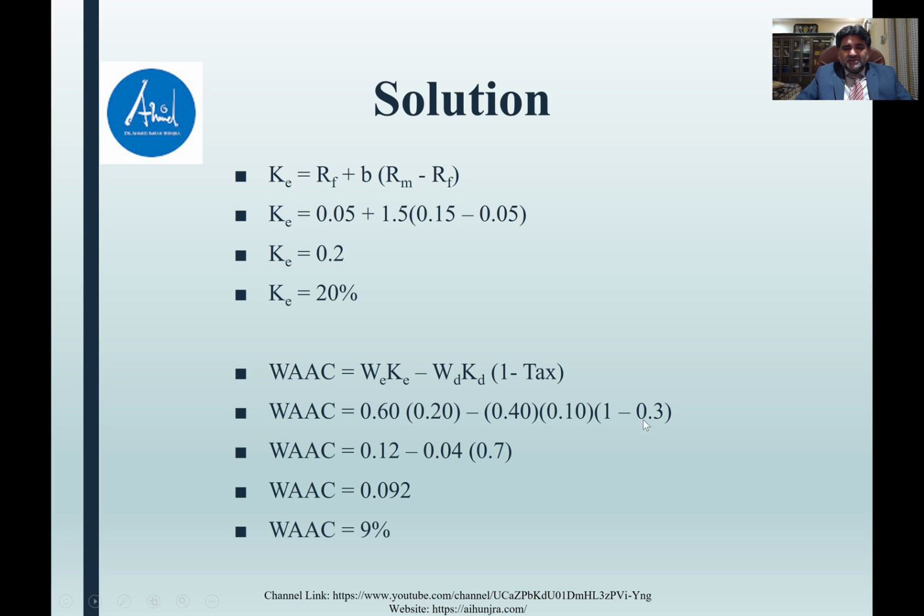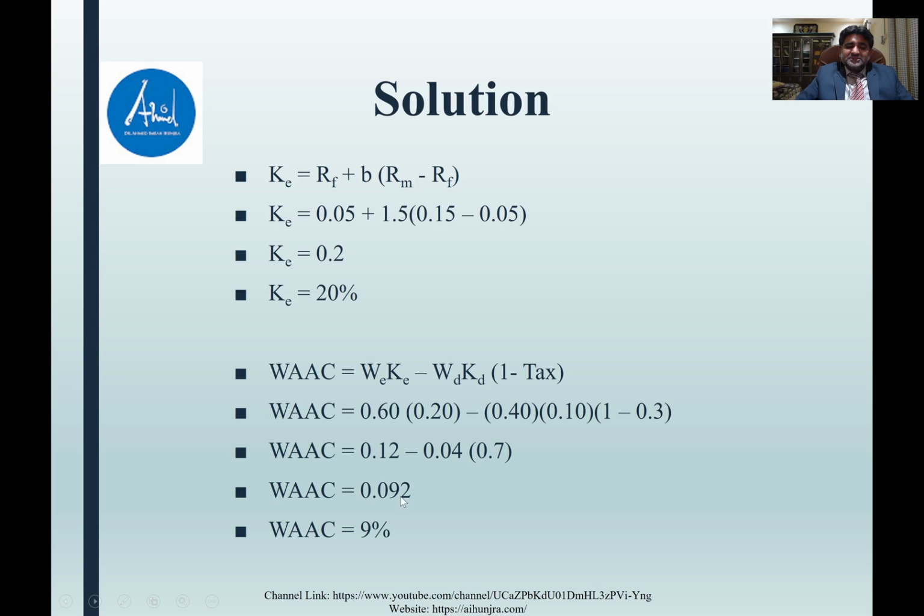If we simplify, that is 0.12 plus 0.04 times 0.10, and 1 minus 0.3 is 0.70. So the overall WACC is 0.092. It means 9.2%. The weighted average cost is 9.2%.